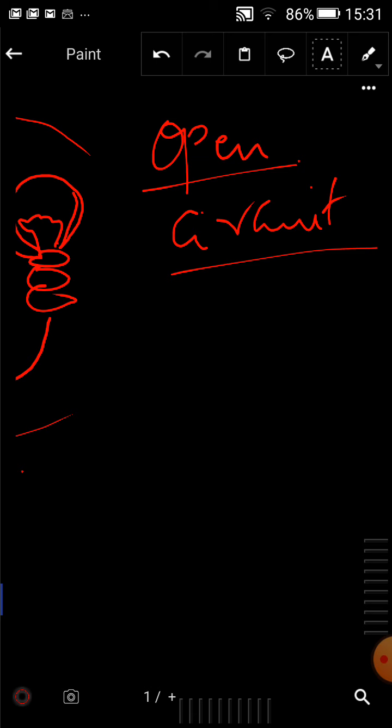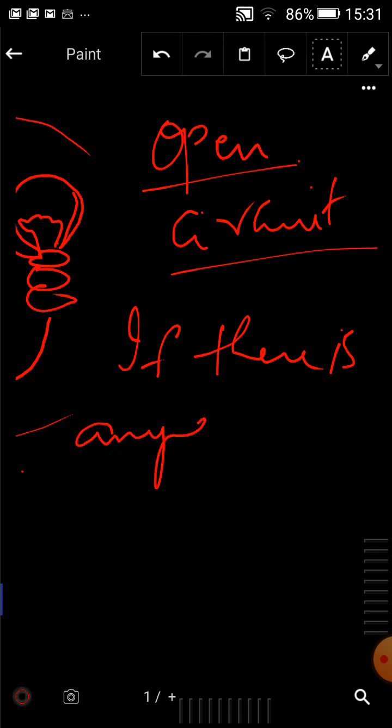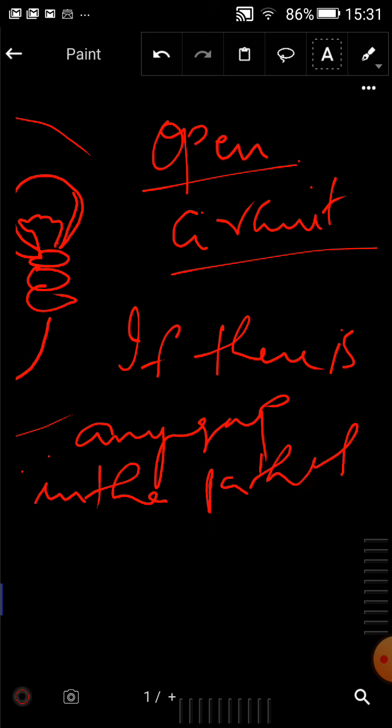If there is any gap in the path of the circuit, the bulb does not light up.